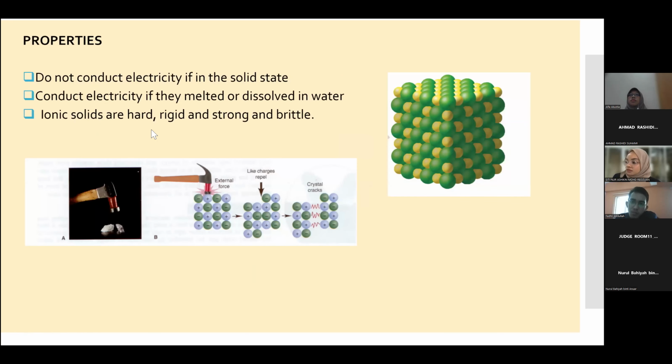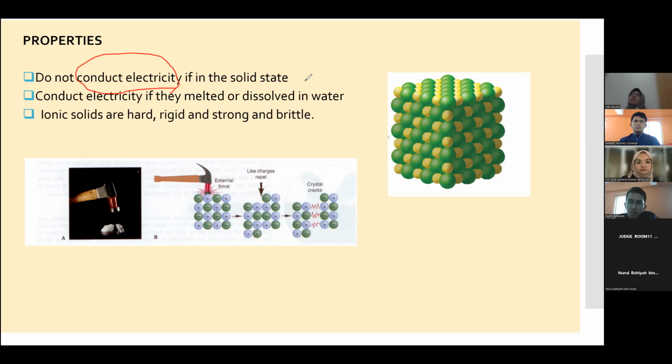Okay, so about the properties. Ionic material or ionic solid conducts electricity, but sometimes we still make a mistake. Some people say that ionic material can conduct electricity. This is not totally false, but it's also not totally true, because they conduct electricity only if they are in the liquid phase.